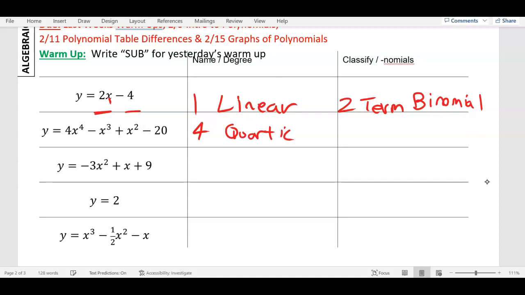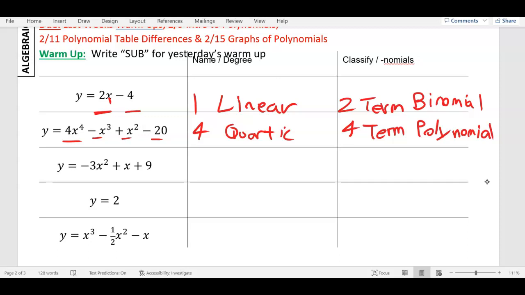Quartic function. Now, how many terms do you see there? 1, 2, 3, 4. Separated by plus or minus. What do you call a 4-termed function? It is a polynomial after 3. Anything above 3. Polynomial.